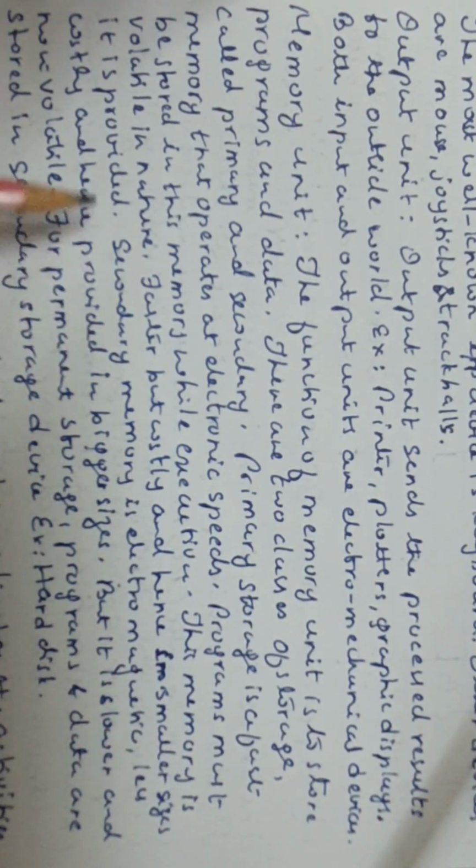This memory is volatile in nature, faster but costly, and hence it is implemented in smaller sizes. Secondary memory is electromagnetic, less costly, hence is provided in bigger sizes, but it is slower and non-volatile. For permanent storage, programs and data are stored in a secondary storage device, that is the hard disk.